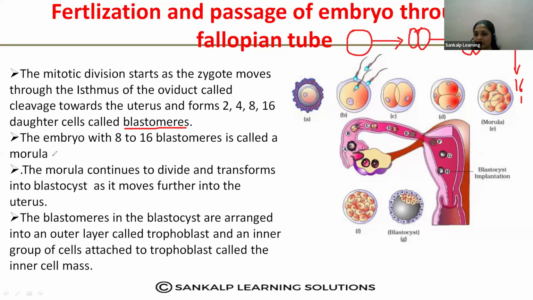Here a very important point is that the embryo with 8 to 16 blastomeres is called a morula.